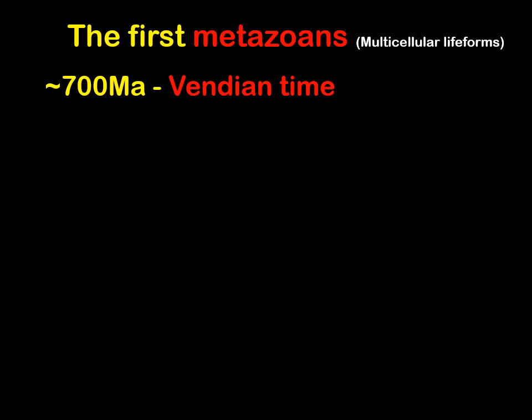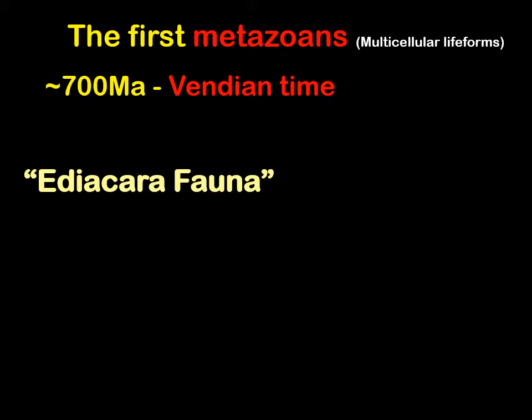So as we come out of this global ice age, at the end of the Precambrian, we have our first Metazoans, or multicellular life forms. And this is about 700 million years ago, and we refer to this as the Vendian time. It's a little subdivision of the Neoproterozoic. And the organisms we find in the Vendian are referred to as the Ediacaran Fauna.